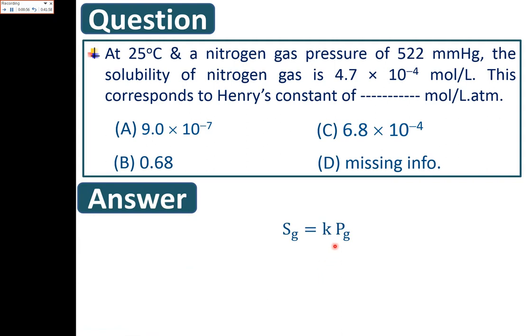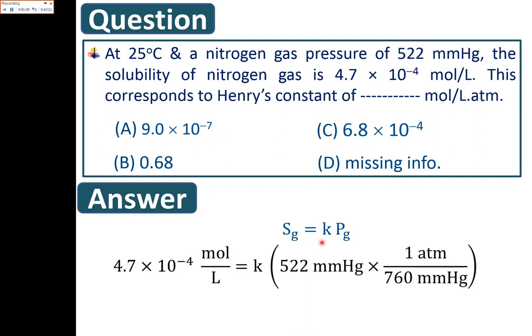We will apply the rule that the solubility of a gas is proportional to the pressure of the gas over that solution, and the constant is Henry's constant. So we will substitute this value. This is the solubility of the nitrogen gas, and this is the partial pressure of the nitrogen gas over the solution.